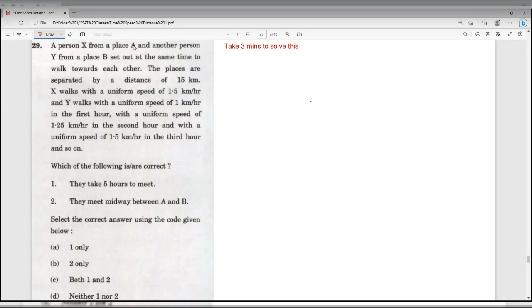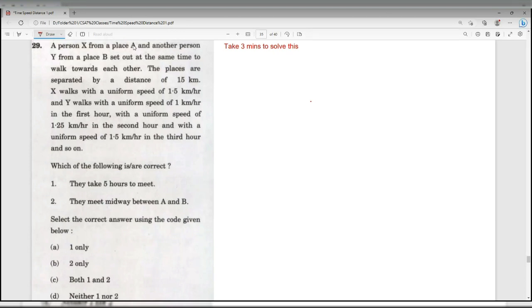X walks with a uniform speed of 1.5 km per hour and Y walks with a uniform speed of 1 km per hour in the first hour, with a uniform speed of 1.25 km per hour in the second hour, and with a uniform speed of 1.5 km per hour in the third hour, and so on. And then they're saying, which of the following is or are correct. They take 5 hours to meet. They meet midway between A and B.